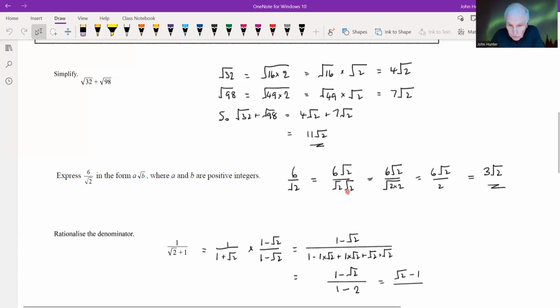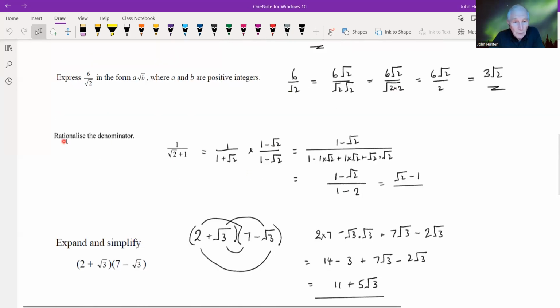Of course, if we do that to the denominator, we must do it to the numerator. So that's what we're doing here. Then follow the bus shelter rule: we've got 6 root 2 divided by the square root of 2 times 2, the square root of 4, which is 2. 6 root 2 divided by 2 is equal to 3 root 2. Okay, so that is an illustration of what we're talking about there.